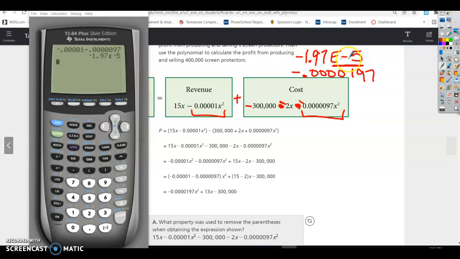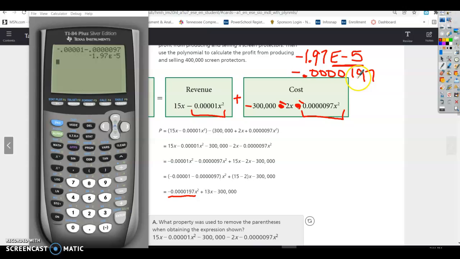So this is equivalent to this, and you can see down here where they've written this, but your calculator only has so many spots available. So when the number gets so large, especially with lots of zeros there, it will tend to write it in scientific notation. So just remember that e to the -5 just represents negative 1.97 times 10 to the -5th power. Just means move the decimal 5 places over.